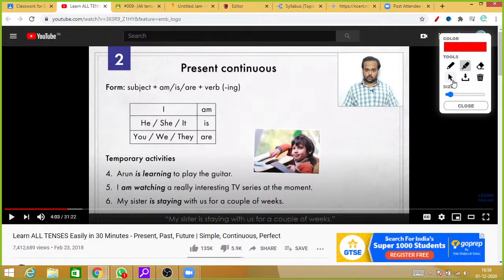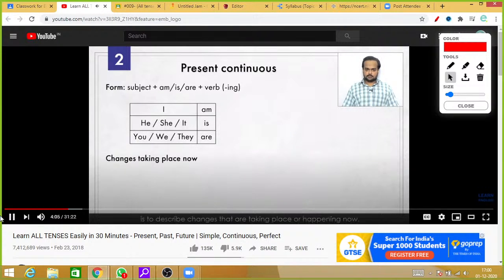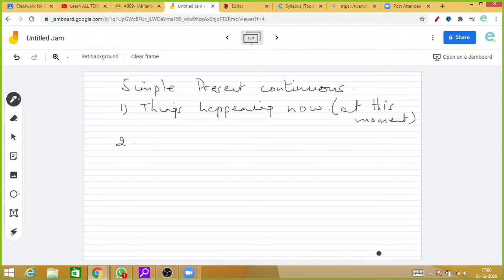Okay, so let's move ahead. I want to finish this present continuous today. So the second thing we said was temporary activities.